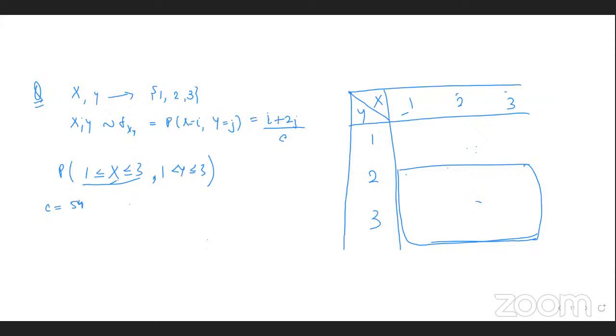I'm getting a wrong value. The probability which I'm calculating is greater than 1. That is not possible. I have calculated the value of k, and k is coming out to be 1 by 20.